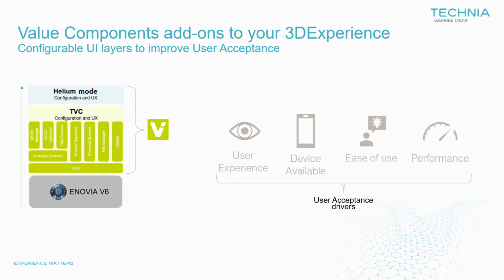Four of these drivers we will go into a little more today: how we can improve the user experience, how we can raise user acceptance by making it available across devices, simplification and intuitiveness, so ease of use is another factor for how quickly a user accepts a system, and then of course performance as well, so it has to load quickly, and also be designed so that the user does not have to do too many clicks and navigational steps, so performance in terms of efficiency.